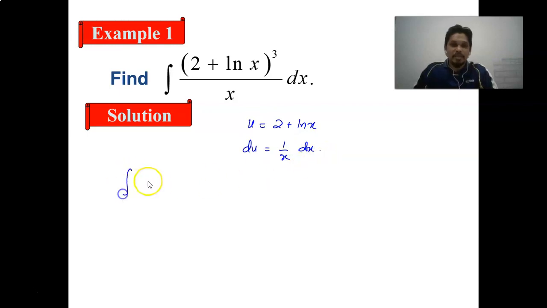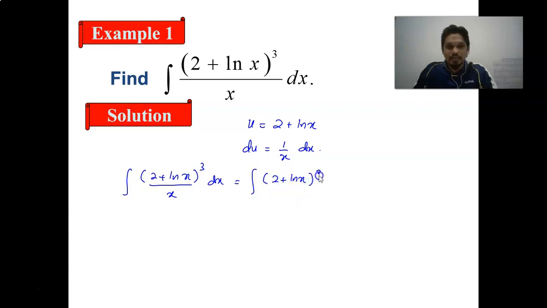So in this case, the integral of (2 plus natural log of x) cubed, multiplied by 1 over x dx.